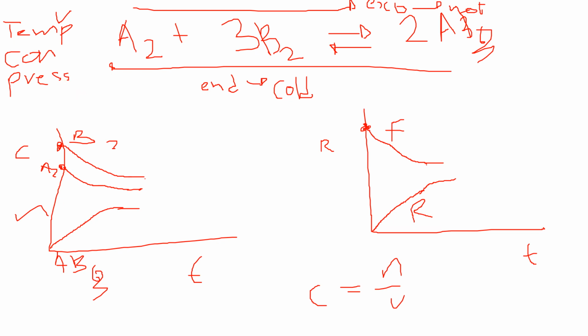Let's say, for example, we have a container here, and this container has 1 mole of argon and 3 moles of B. Okay, so now when you decrease this volume, the molecules will compress together, and when they compress together, the reaction will start to be faster.